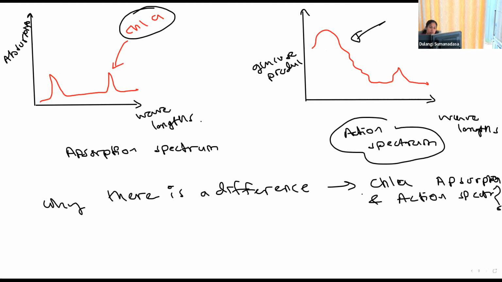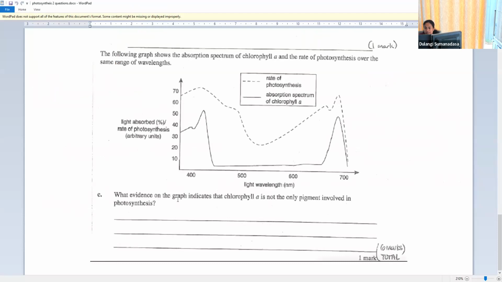So I'm going to share the next one. Let's do the next one. This is an application question. Just do it and get the 1 mark. It's absorption and the action spectrum on the same graph.